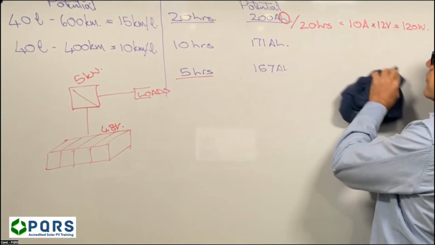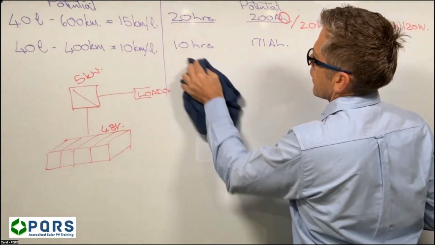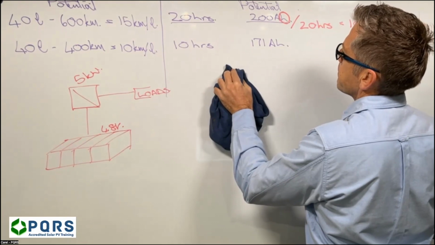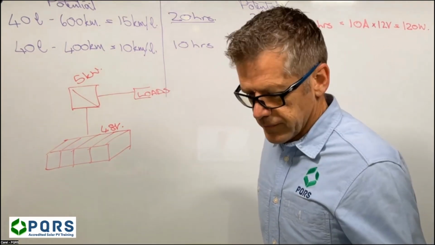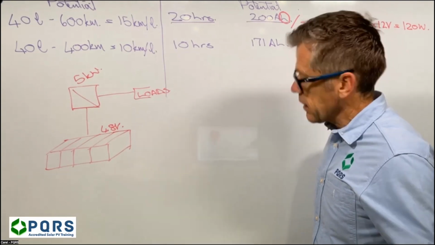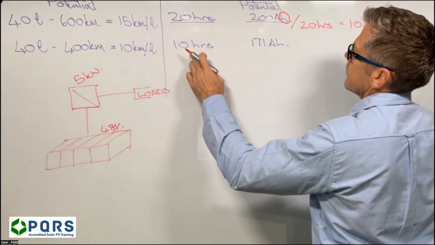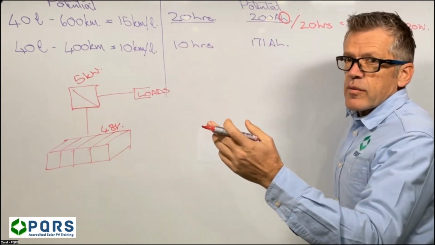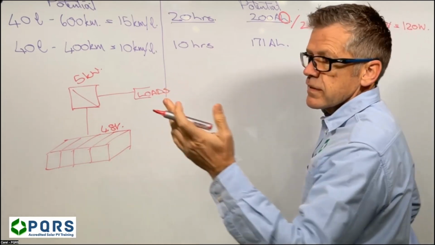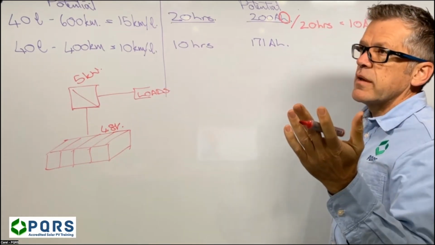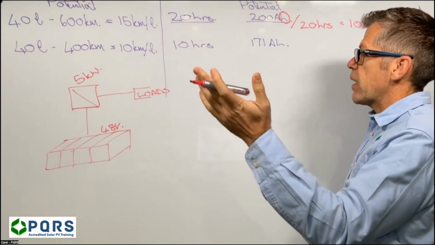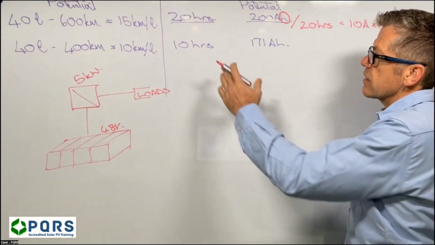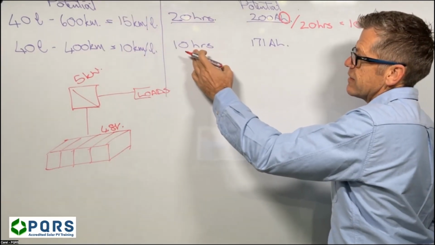So not load shedding, off-grid. We take a 200 amp hour battery in an off-grid environment. The customer goes to bed at 8 o'clock in the evening. We want the power to last until 6 o'clock the next morning. That gives us roughly 10 hours.